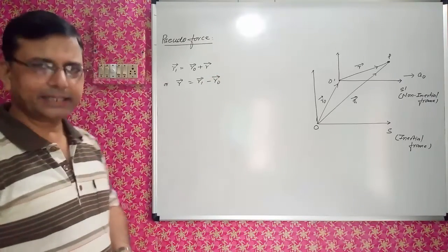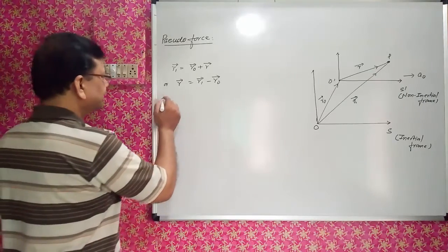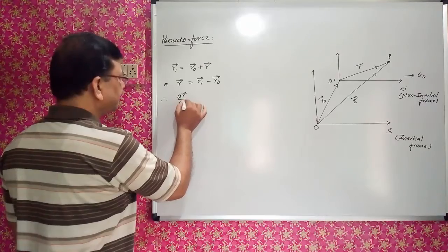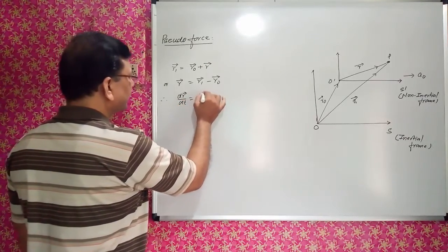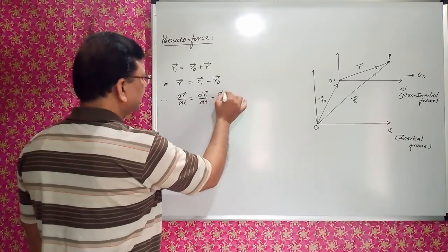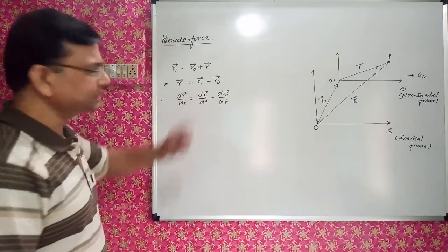If we differentiate this position vector, what will we get? dR/dt is equal to dR1/dt minus dR0/dt. This tells us the velocities.